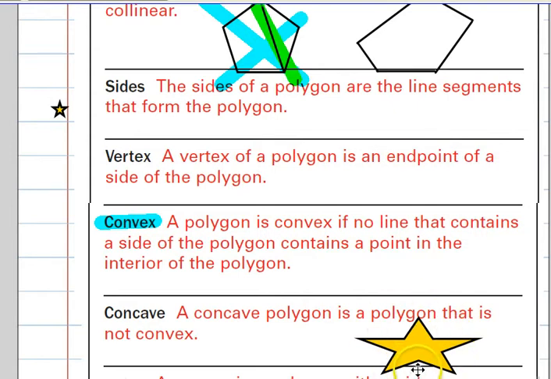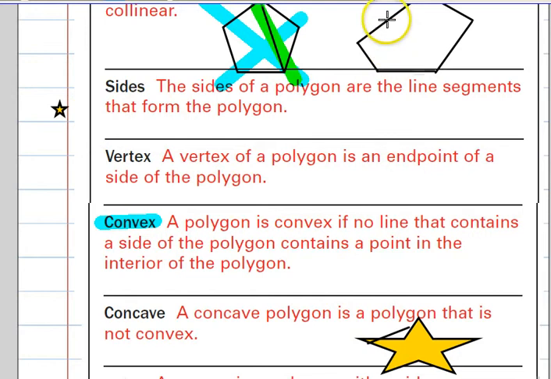It does have straight line segments or sides, and each side intersects exactly 2 sides at the endpoints. But it's concave in that if I were to take a line and draw it from one end to the other end, I could actually be outside the polygon.